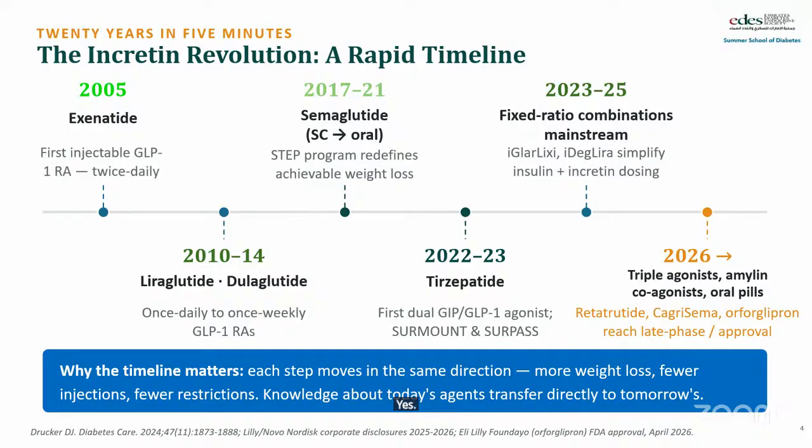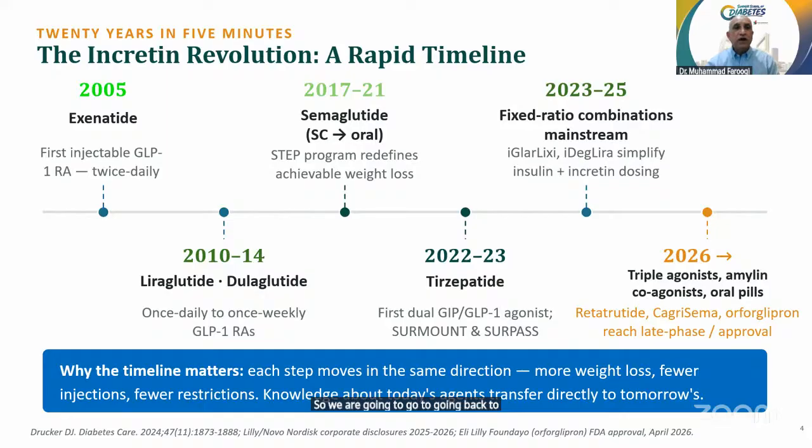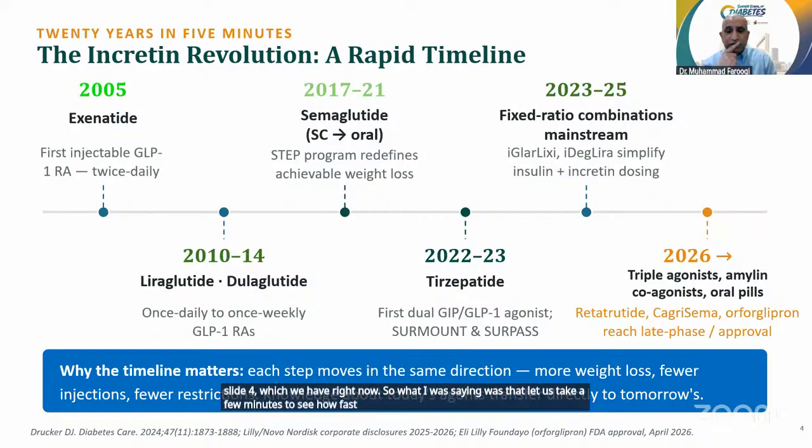Okay. So we are going back to slide 4, which we have right now. What I was saying was, let us take a few minutes to see how fast this field has moved, because in itself, it's a clinical fact that you need to think about with regards to how this field has progressed over time.